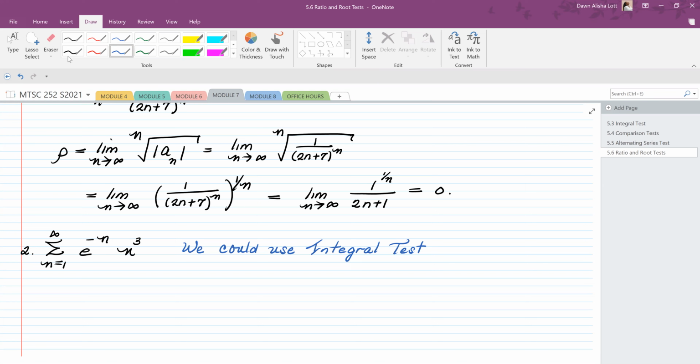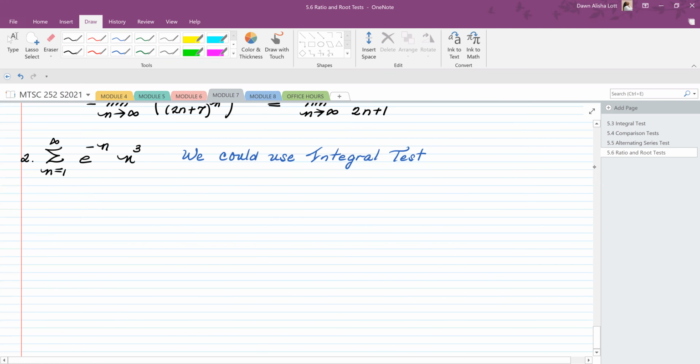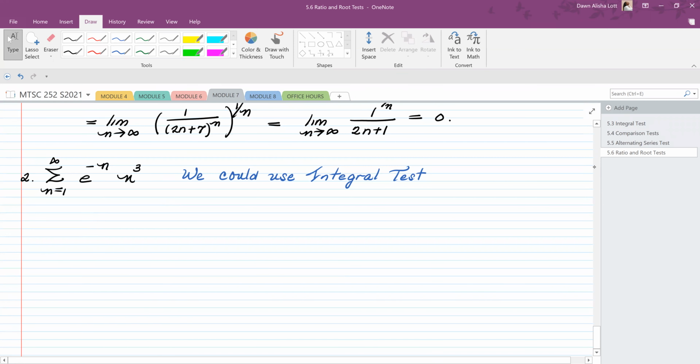And since I don't want to spend that much time doing it, I'm going to use the ratio test. I'm sorry, the root test. Actually, you can use the ratio test on this one as well. Okay. So I could use the root test, the ratio test, and the integral test. So we're going to use the root test.